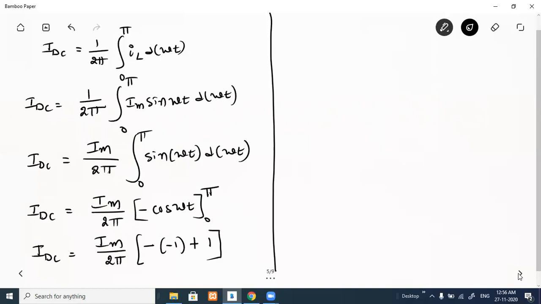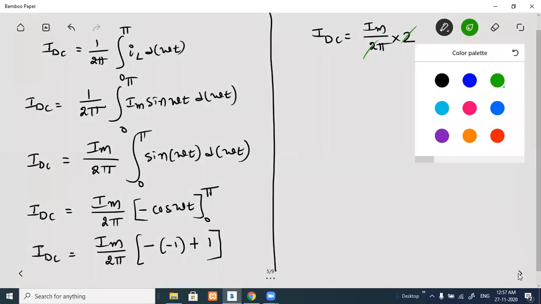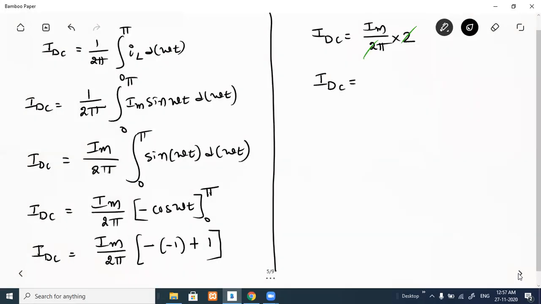So IDC is equal to Im by 2 pi into 2, and this 2 cancels out. So our IDC, or I average, equal to Im by pi.